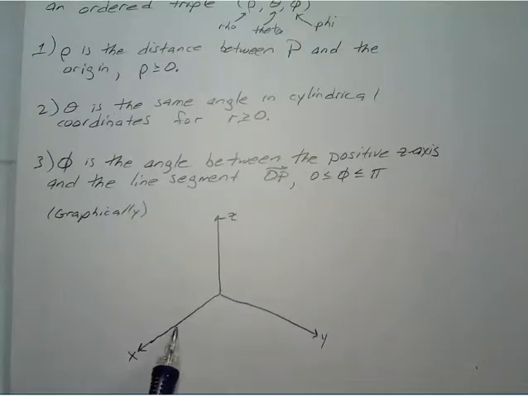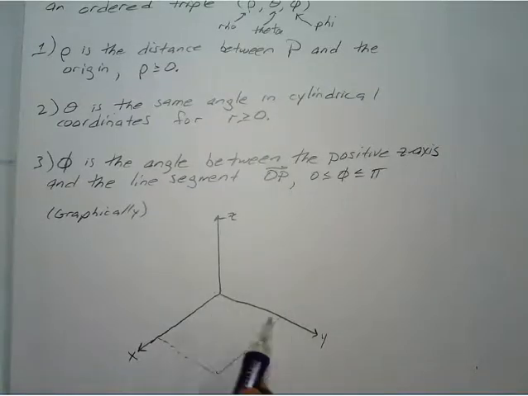Let's say we have some value x, and let's say we have some value y. So this is, of course, the distance of our y, and this is the distance of our x.